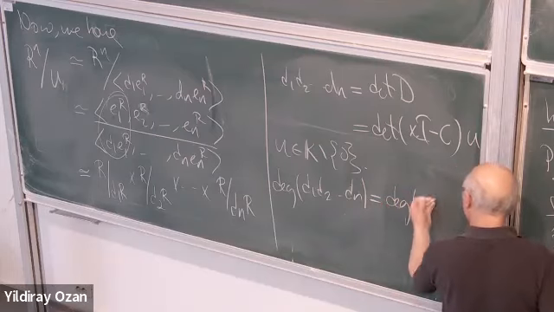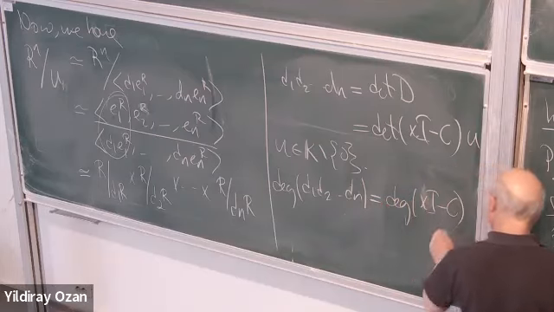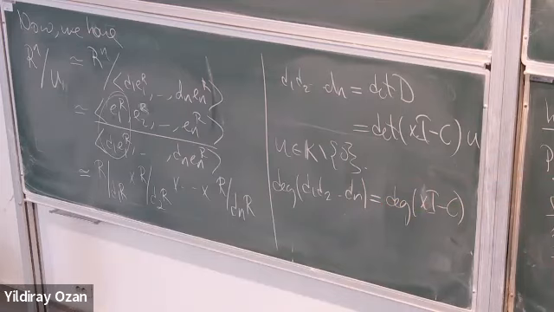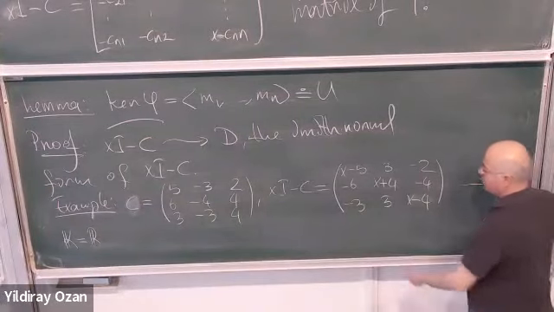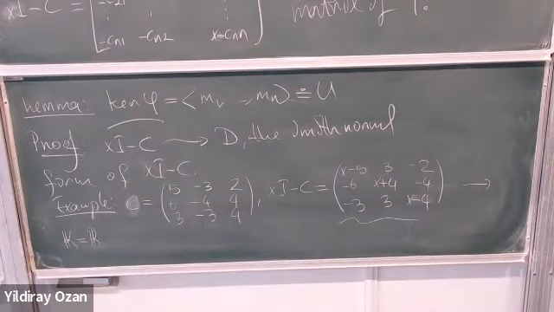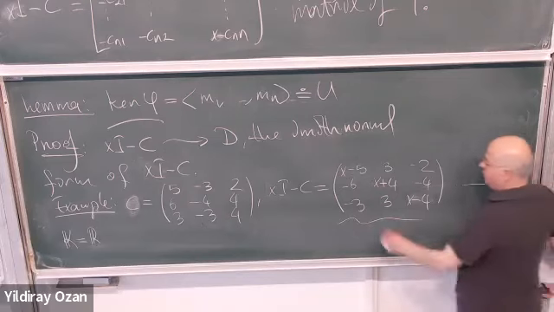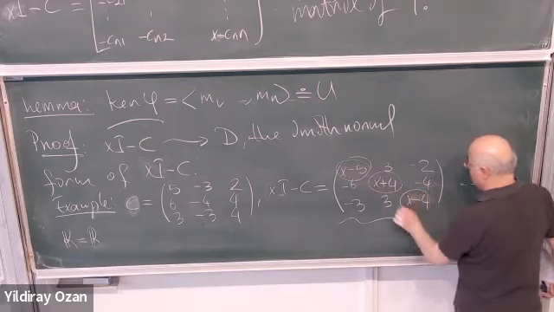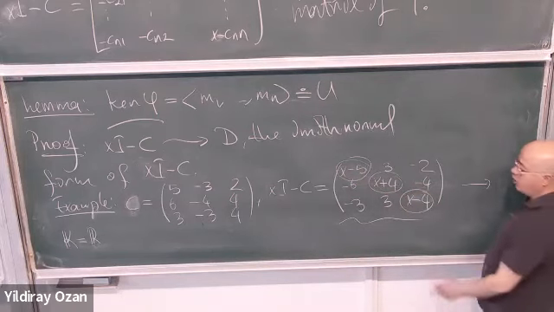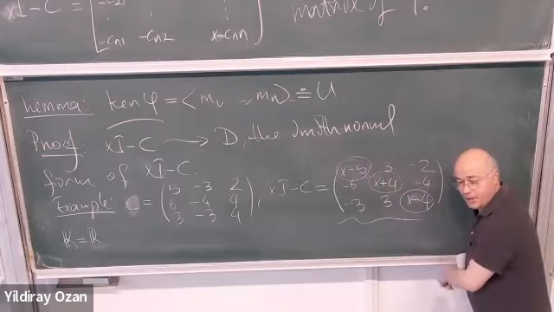Degree of what is the degree of this polynomial? Of course, its degree is... What is the degree of a matrix like this? You see, in each row, you have in the diagonal degree 1 terms. And one of the terms of the determinant is the product of these elements.